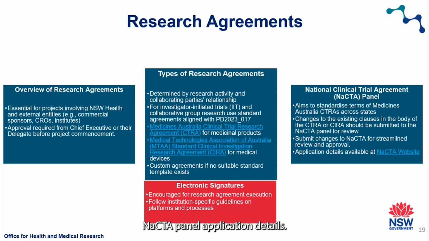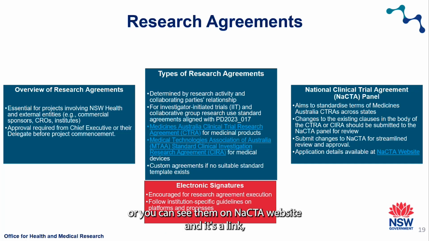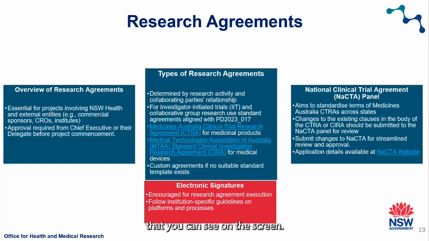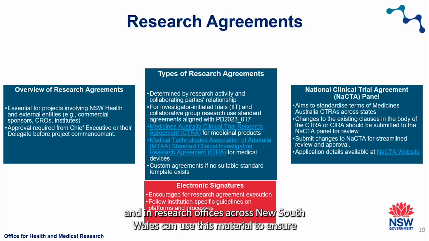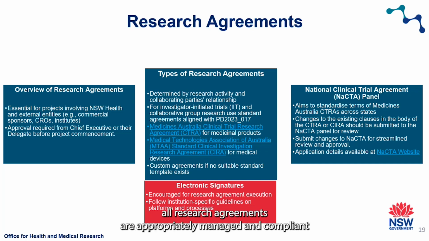NACTA panel application details, you can see them on the NACTA website, and it's a link that you can see on the screen. There is a strong encouragement to use electronic signatures in executing research agreements, and research offices across New South Wales can use this material to ensure all research agreements are appropriately managed and compliant with New South Wales health standards.